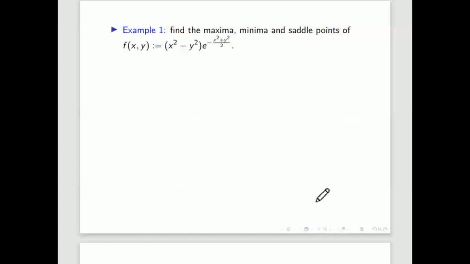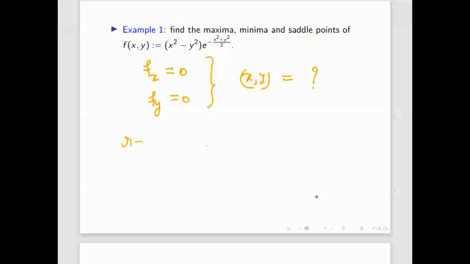So this is the question: find the maxima, minima, and saddle points for this function. What will be the first step? We'll do the first derivative. That means we have to find fx and fy, put them equal to 0, and get the points (x, y) where they are 0.